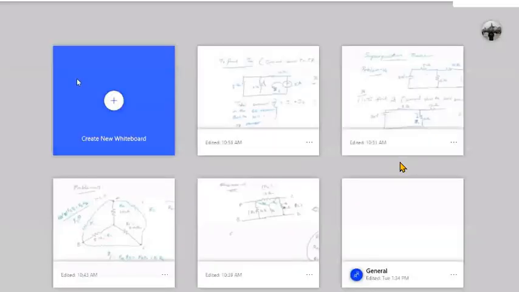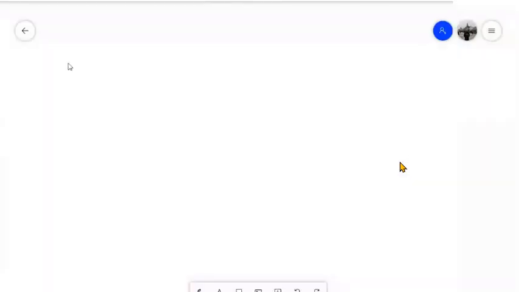Let us take up one more example to understand the superposition theorem. So you can take down this question.